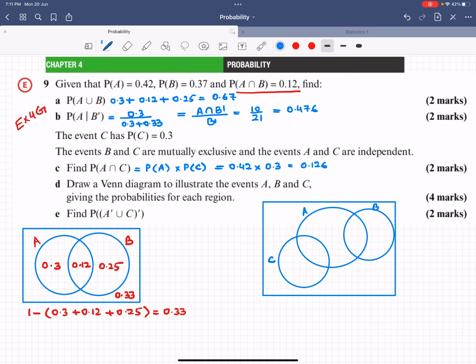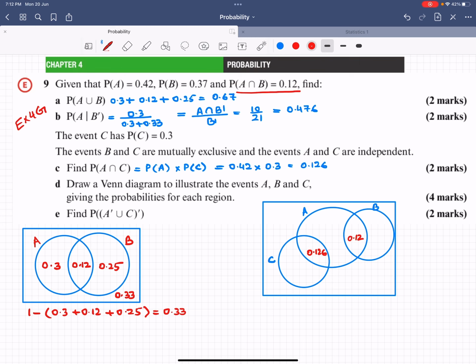So let's fill up the values. A and C intersection is 0.126, and we have B. A intersection B is already given here in the first part of the question, which is 0.12. So let's fill that, 0.12.